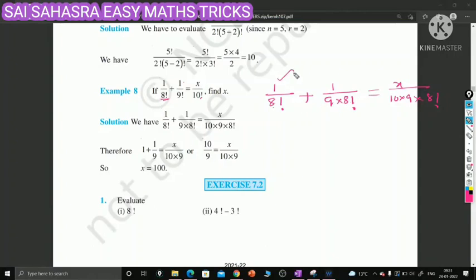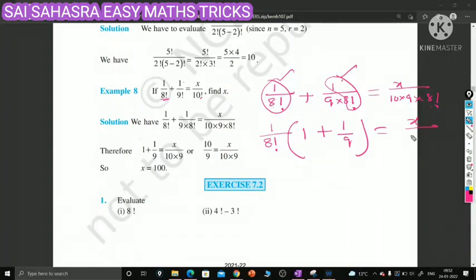If you are taking out 1 by 8 factorial, here nothing is left, means 1 plus, here what is left, 1 by 9 and x by 10 into 9, and 1 by 8 factorial you write separated.